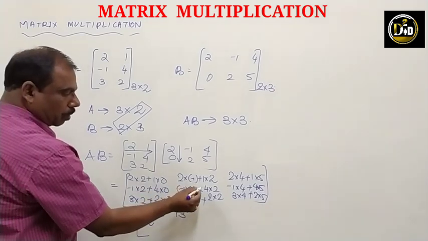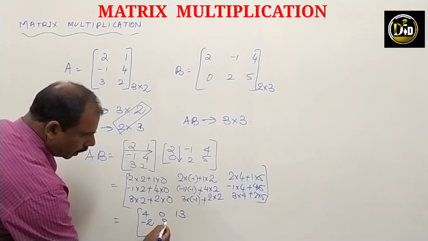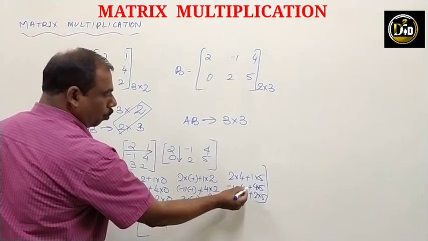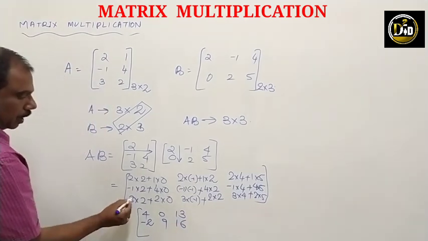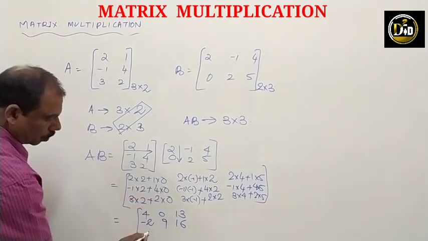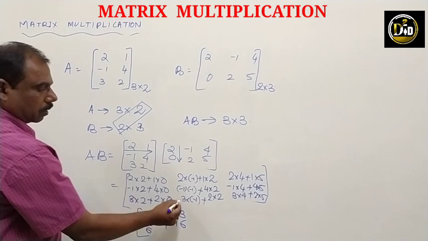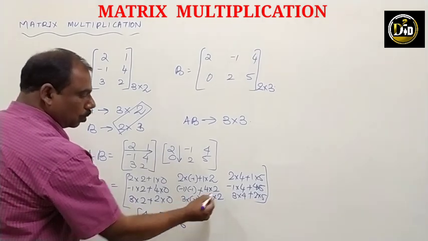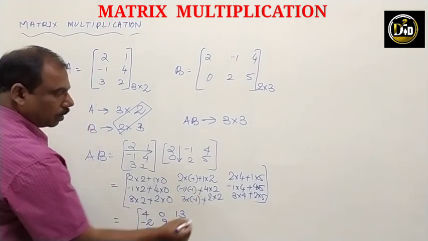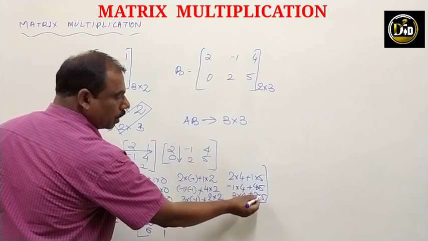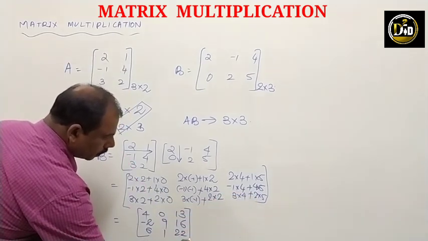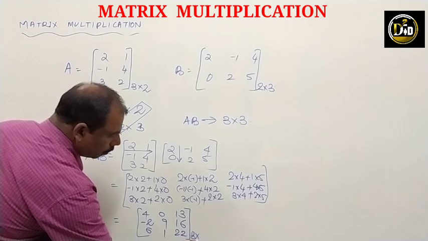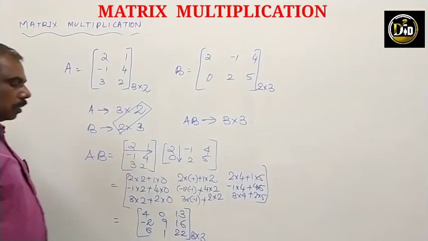Minus 1 into minus 1 plus 4 into 2, that is 9. Minus 1 into 4 plus 4 into 5, you get 16. 3 into 2 plus 2 into 0, you get 6. 3 into minus 1 plus 2 into 2, we get 1. 3 into 4, that is 12, and 2 into 5, 10, that is 22. Exactly, we get a matrix of order 3 by 3.